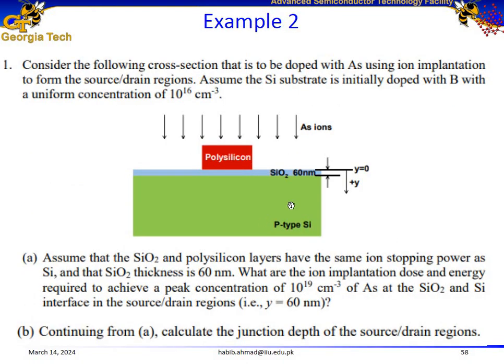Here is another example in which we consider this structure where we have a polysilicon, silicon dioxide and p-type silicon substrate, and the thickness of the silicon dioxide is 60 nanometers. We are performing arsenic ion implantation of this structure, and the concentration of the substrate or the bulk region is 10 to the power of 16 per centimeter cube.